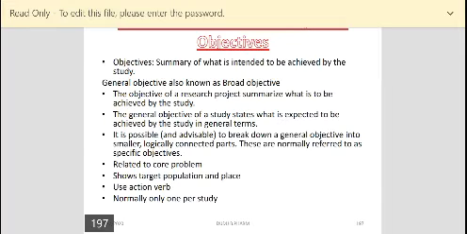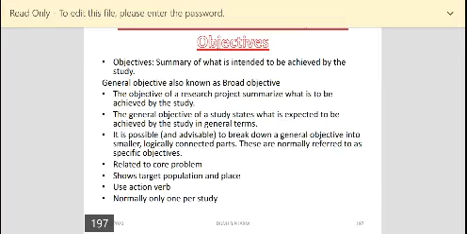It is possible and advisable to break down a general objective into smaller, logically connected parts. And when you break down this general objective into smaller, logically connected parts, they are referred to as specific objectives.